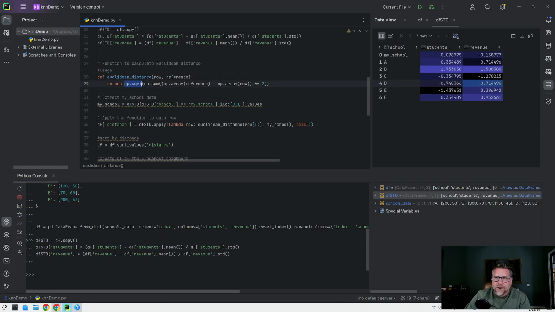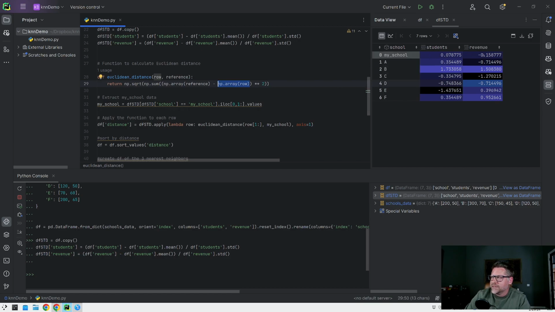It's going to take the square root of a whole bunch of stuff, and as you guessed, it's going to take the reference school, which is the target school. I guess I changed the notation here, but the school that we're studying, my school, and subtract off the school from some other school at a different row.